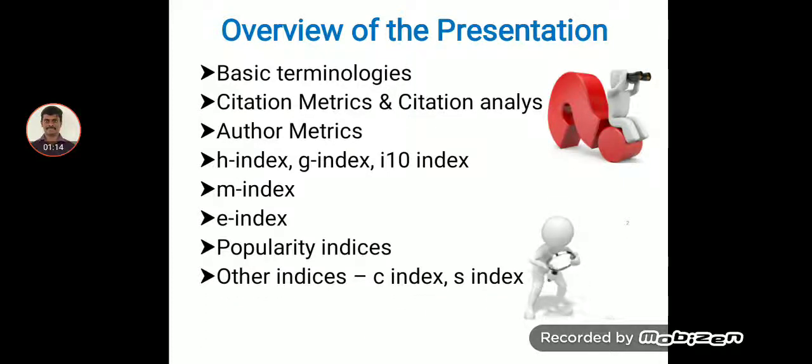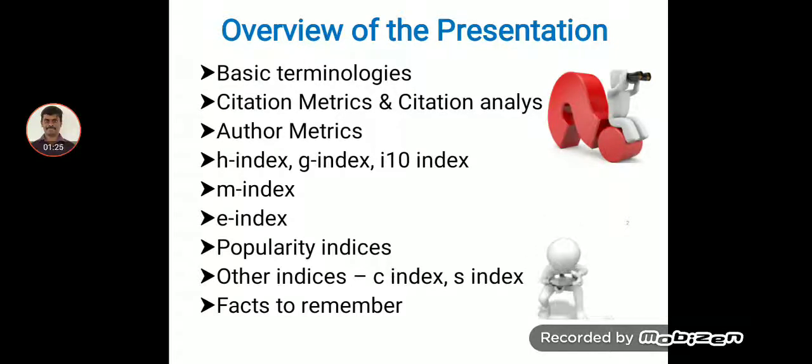We'll see the other indices, that is SC index and S index. Finally, we'll see the facts to remember for author metrics. With this overview of the presentation, we move on to the basic terminologies.